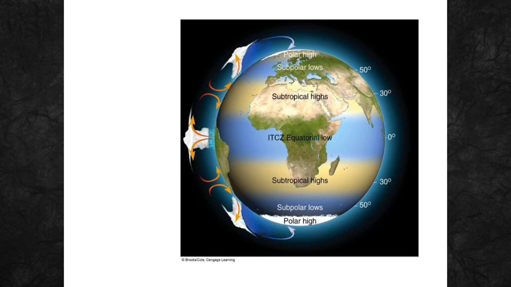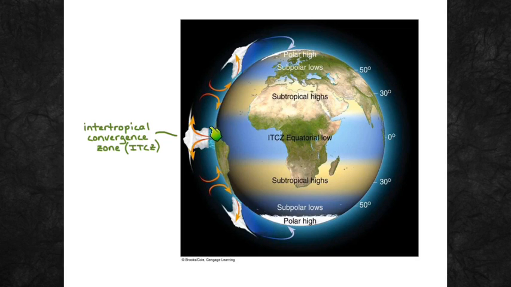Now, as you might expect, these things have names associated with them. This region of upward motion near the equator, that's called the intertropical convergence zone, or ITCZ. And where that name comes from is that you actually have two branches of Hadley cell here.